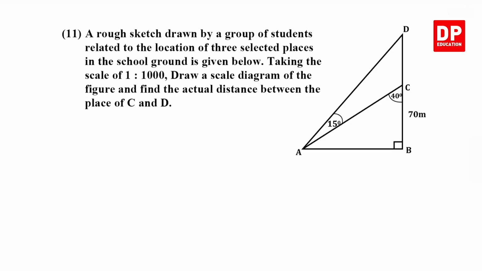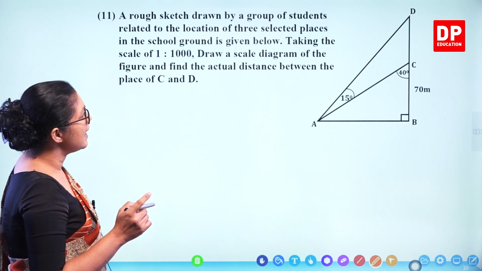Question number 11. A rough sketch drawn by a group of students related to the location of 3 selected places in the school ground is given below. Taking the scale of 1 to 1000, draw a scale diagram of the figure and find the actual distance between the places C and D. So we need to draw the scale drawing.